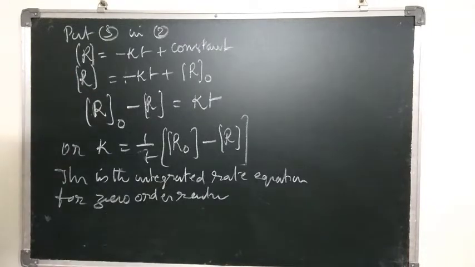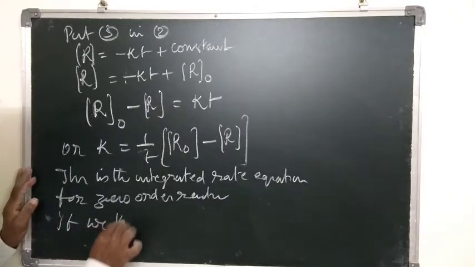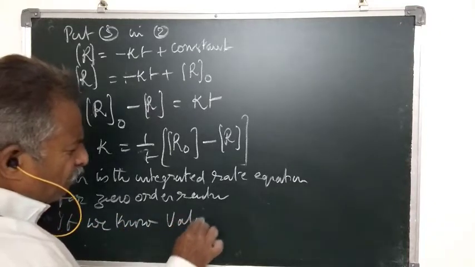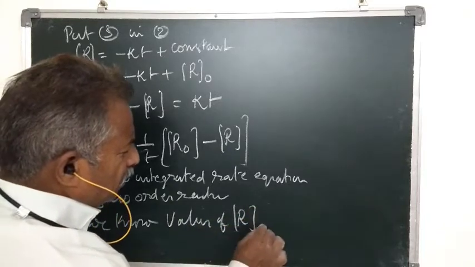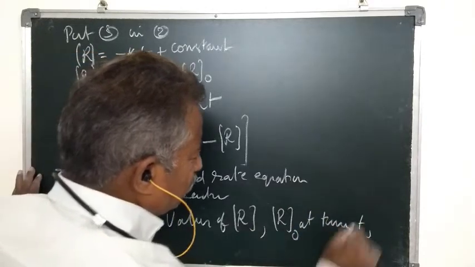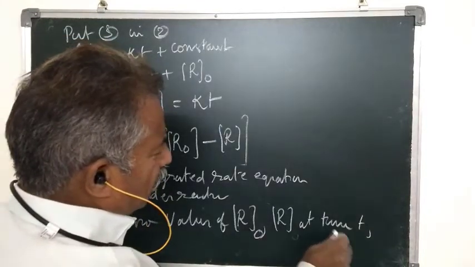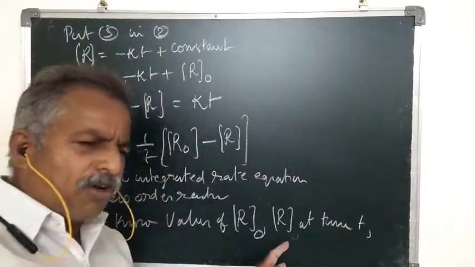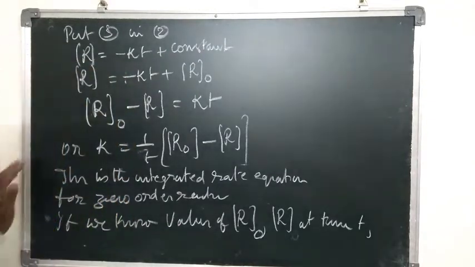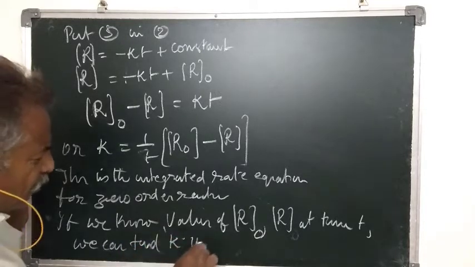All zero order reactions obey this equation. So if we know the values of R0 and R at time t, that means the initial concentration and the concentration of reactant at time t, we can find the k value.